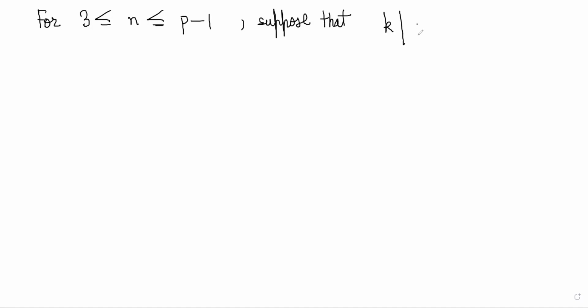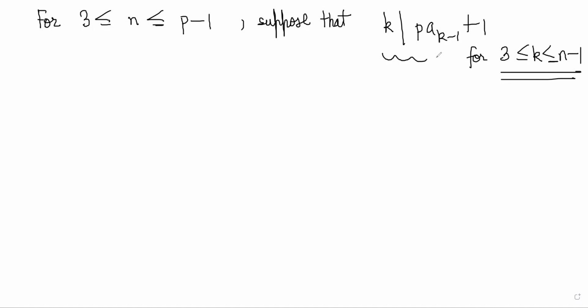So now we'll go on to the higher cases. For 3 less than or equal to n less than or equal to p minus 1, suppose that k divides p a k minus 1 plus 1 for 3 less than or equal to k less than or equal to n minus 1, right? We are using the strong form of induction.